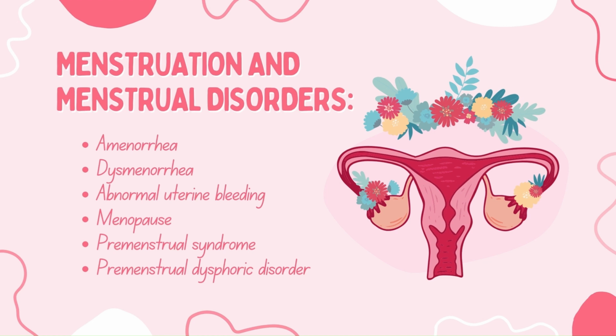It'll usually start 1 to 2 years after the first period in teenagers and before age 25. Secondary is due to a pelvic or uterine pathology, such as endometriosis, PID, adenomyosis, or leiomyoma.